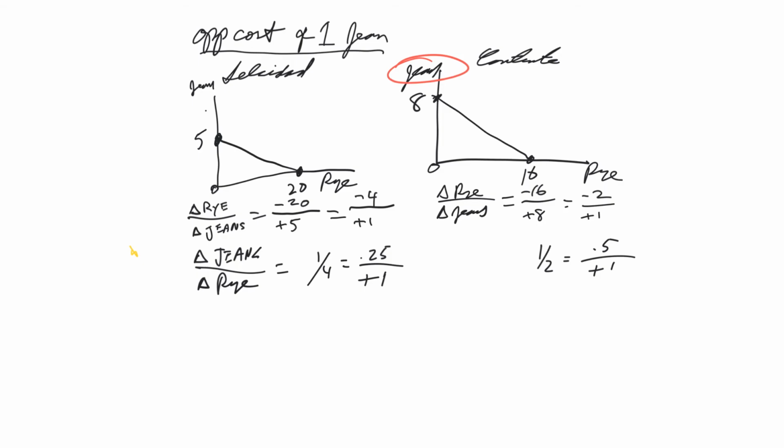So, who's the low-cost producer of rye? Who has the lowest opportunity cost? Well, it looks like it's Felicidad. And therefore, let's circle that just so I can remember.